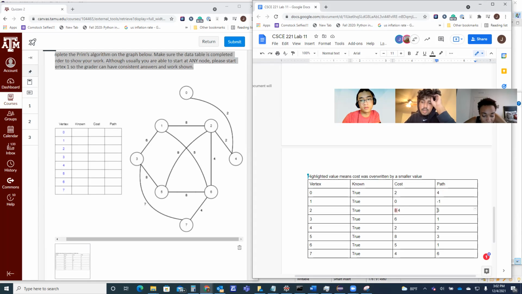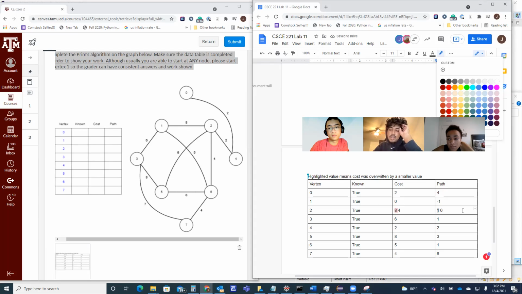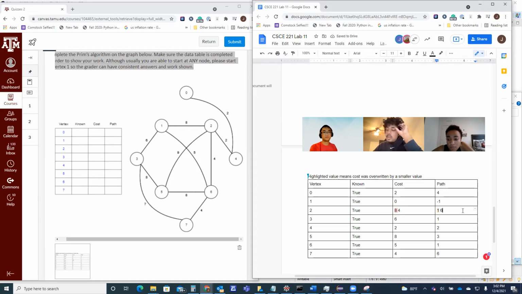Yeah, it should have 1 in there, and then it should be crossed out, which makes sense because we have the 8 in there crossed out, so we should have an old path in there crossed out too. So that's that.